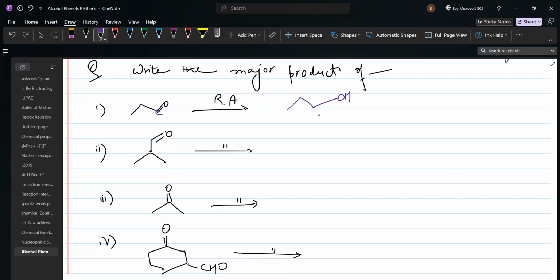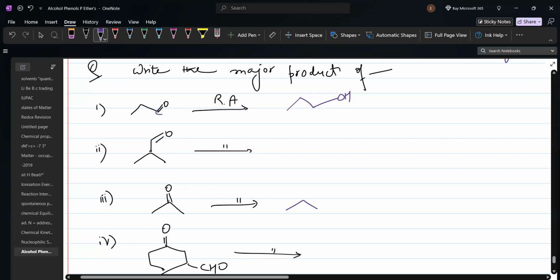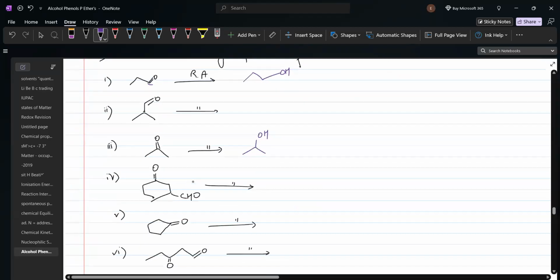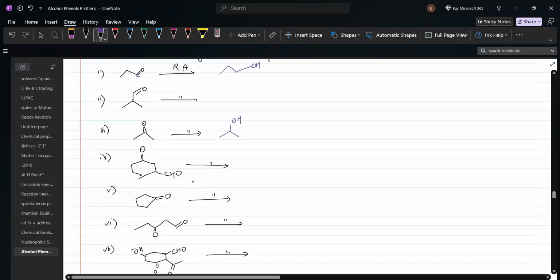And one hydrogen will come here, so we don't have to mention it. That is enough. Let's see, this one is also an aldehyde. Let's see for ketone. For ketone, this double bond to O will be removed and OH will come here and one hydrogen will come. So this will be the final product. And please, each and every one of you, solve it.